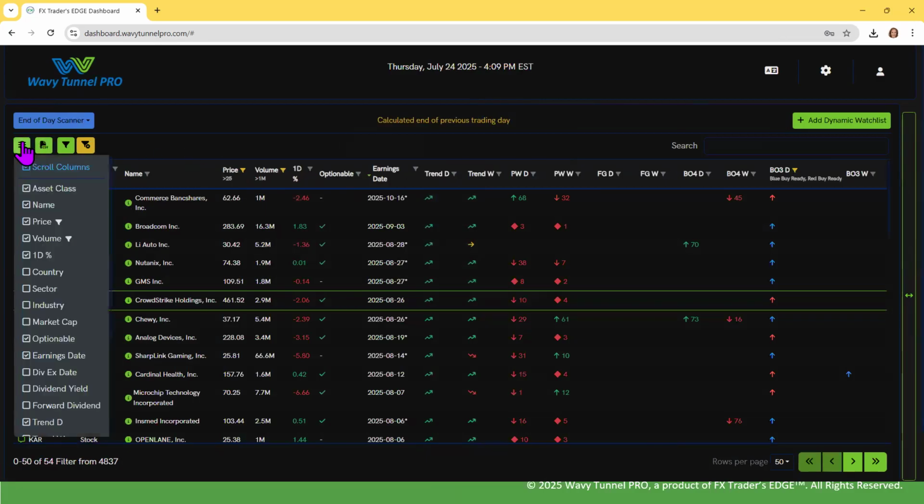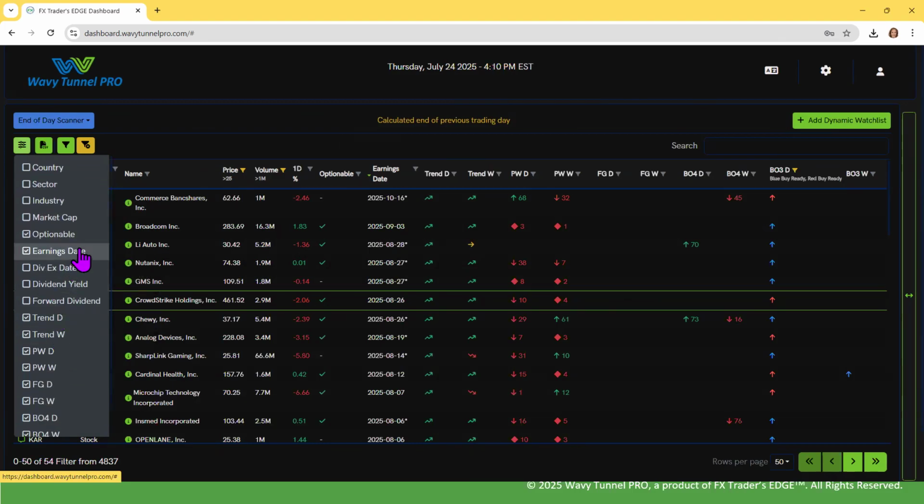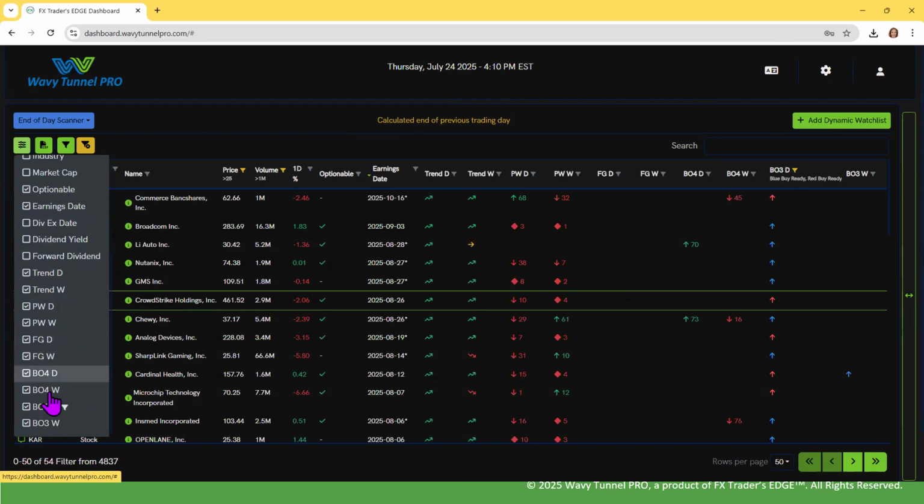I can also see the menu here, and you can put up the asset class, the name, the price, the volume, the percent daily move, the country, the sector, the industry, market cap, whether it's optionable or not, the earnings date, the ex-dividend date, the dividend yield, the forward dividend. I have these unchecked, but I have the earnings date here. There are lots of earnings coming out over the next month. And then these are all of the Wavy Tunnel setups.